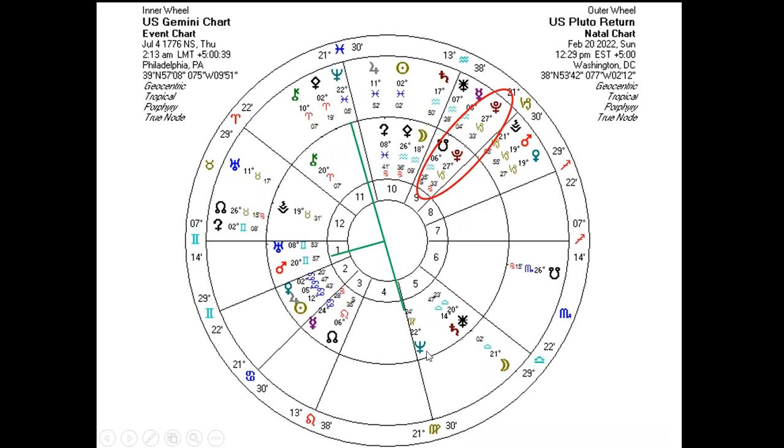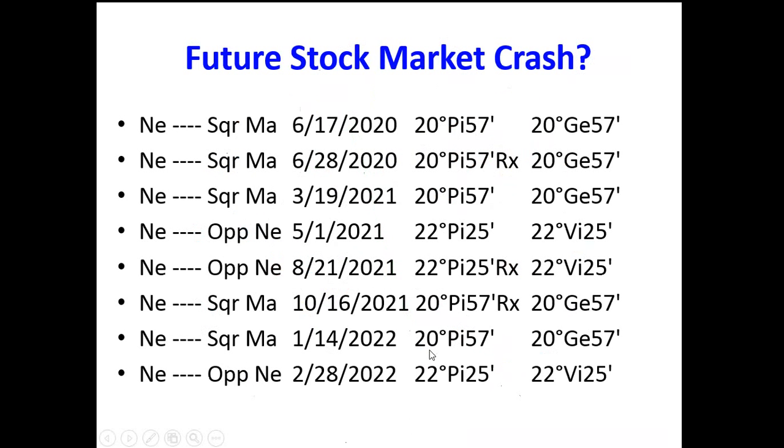Over public versus private control of who gets to create the money and who gets the interest off of it, the banking elite or the government coffers. We're also going to have Neptune oppositions going on. Here are the dates for the Neptune squares to Mars and the Neptune oppositions to Neptune.